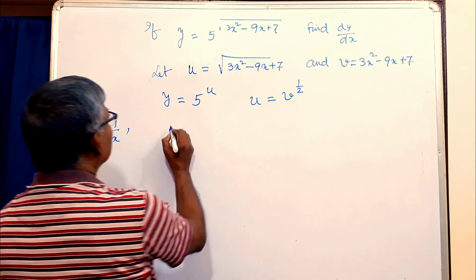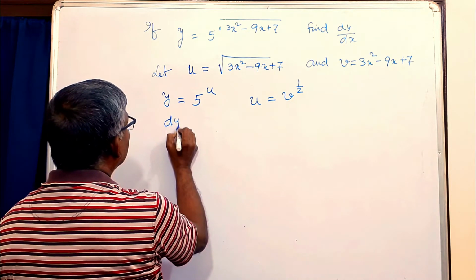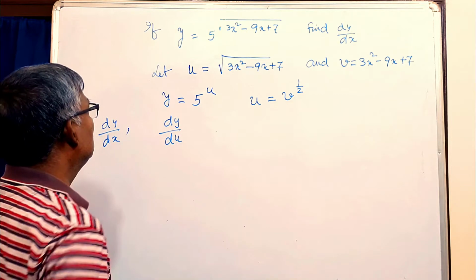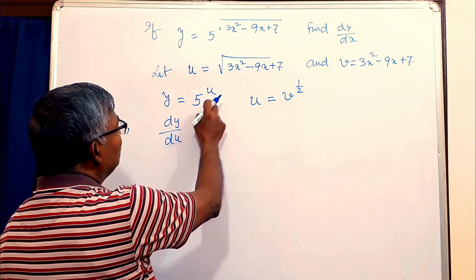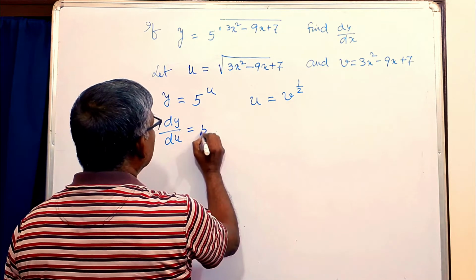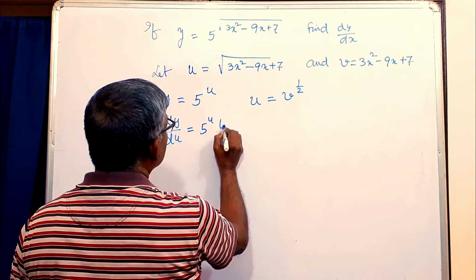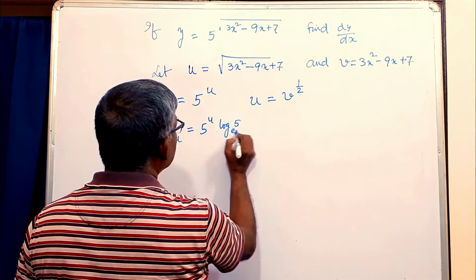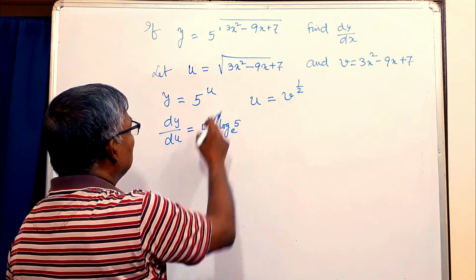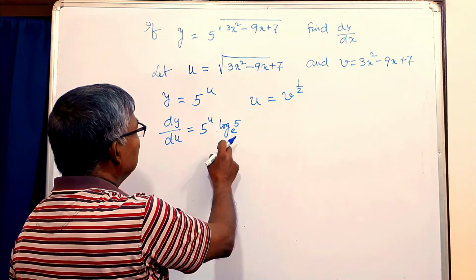We have to get dy/du, since y is a function of u. So what would be the value of this? It will be 5 to the power u log 5 base e. You know the derivative of a to the power x equals a to the power x into log a base e.